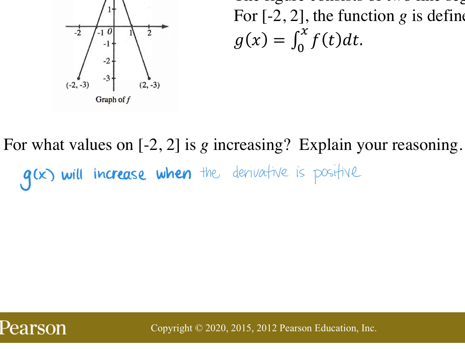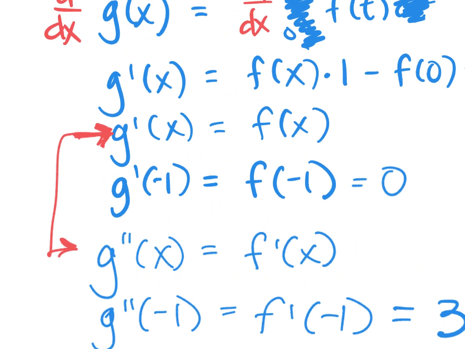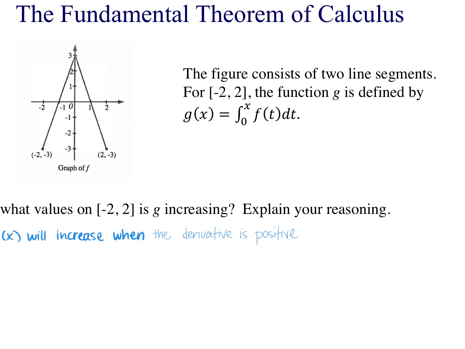What did we say on the previous slide was the derivative of G of x? Okay, look back. What did we say was the derivative? Oh, yeah, f of x, right?